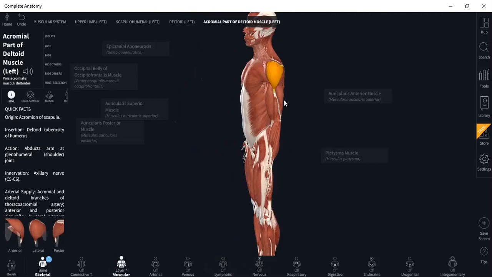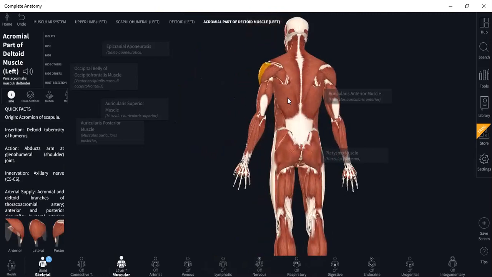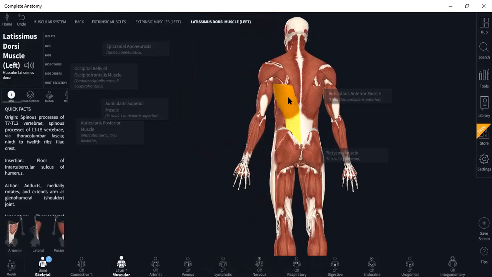It is antagonized by latissimus dorsi, which is an adductor of the shoulder.